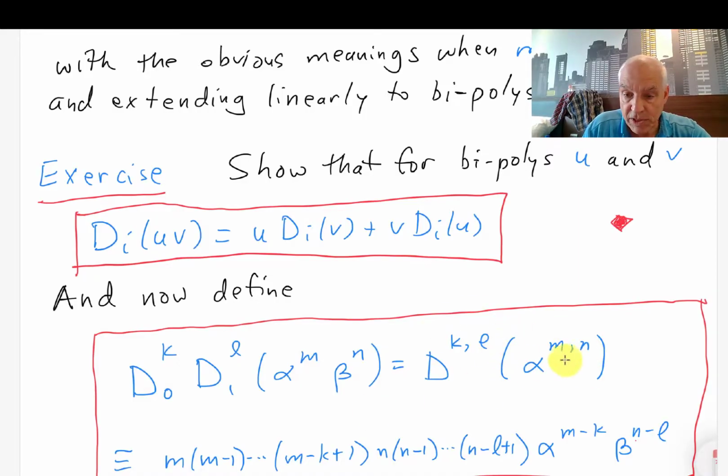So what happens when you do this? Well, then you get m times m minus 1 all the way up to m minus k plus 1, applying the d operator k times to the alpha to the m component. And that gives us an alpha to the m minus k. And then applying the d1 to the l to the beta to the n, we get n times n minus 1 all the way to n minus l plus 1, and there's a beta to the n minus l.